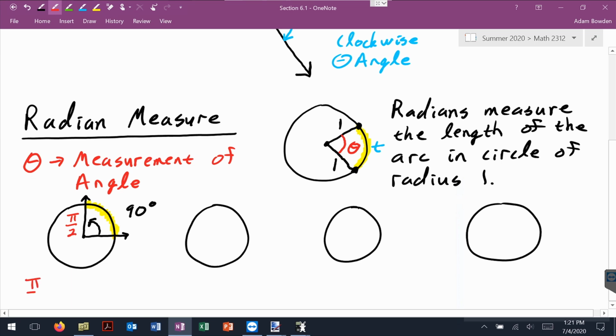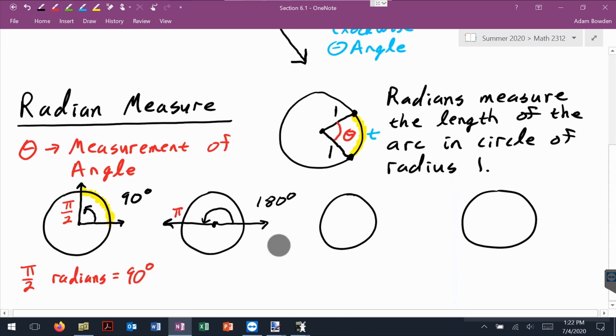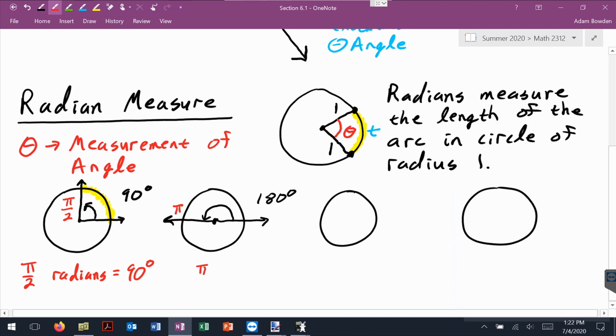So pi over 2 in radians is the same thing as 90 degrees. Similarly, if we had an angle that just turned into a flat line, that would be 180 degrees, but that would also be considered pi in radians. So pi, and we'll abbreviate radians as RAD, is equal to 180 degrees.